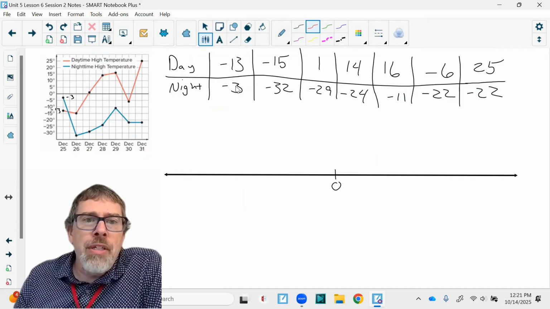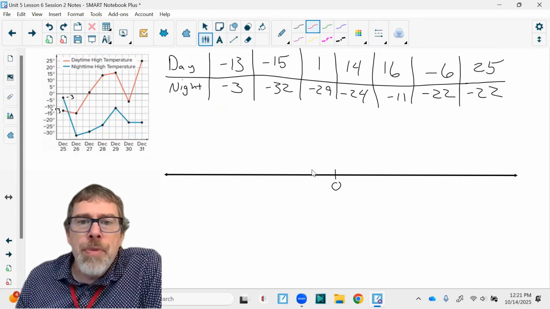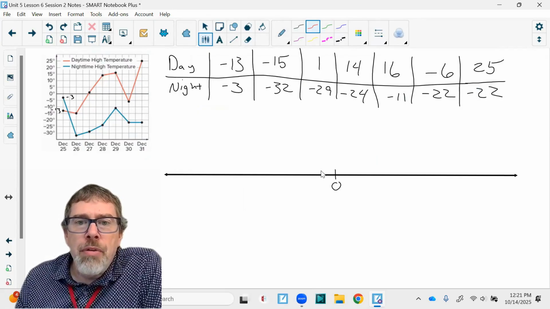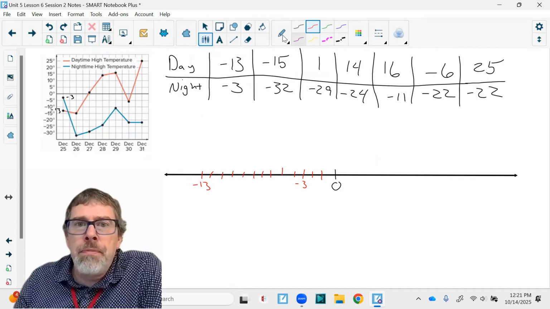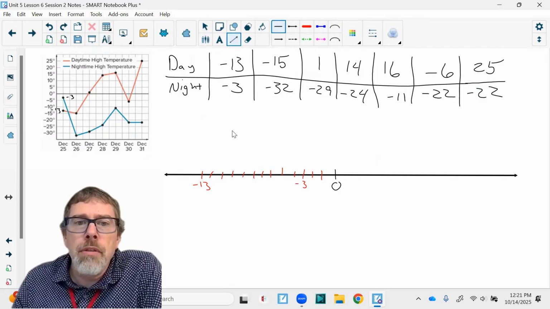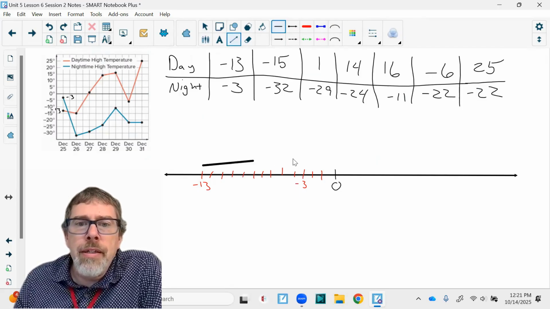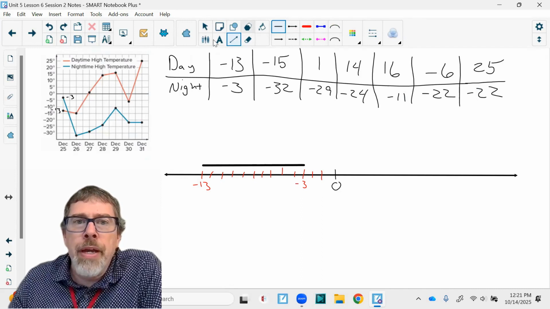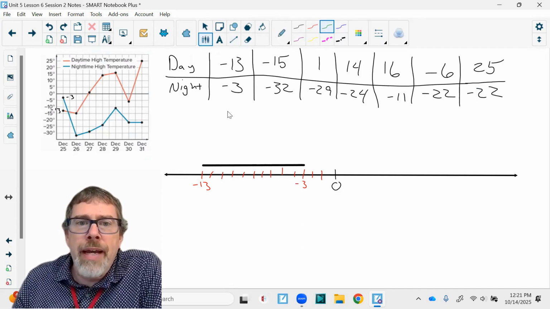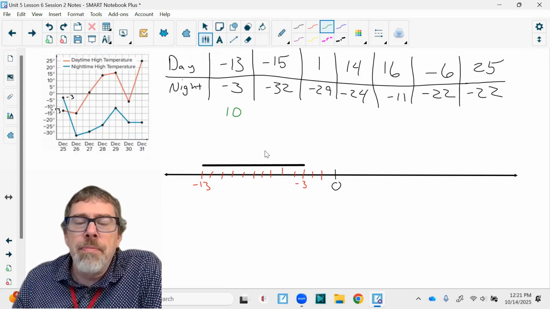So -13 to -3, well, -3 is right here, and 4, 5, 6, 7, 8, 9, 10, 11, 12, 13 is here. So the distance from here to here is 1, 2, 3, 4, 5, 6, 7, 8, 9, 10. Okay, so I'm just going to do all of these like that. So that was a difference of 10 degrees.